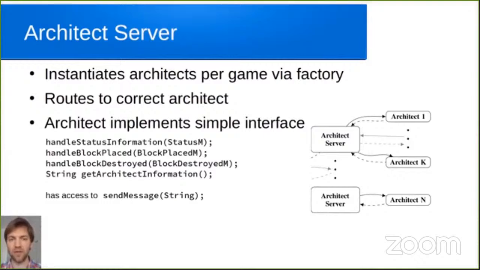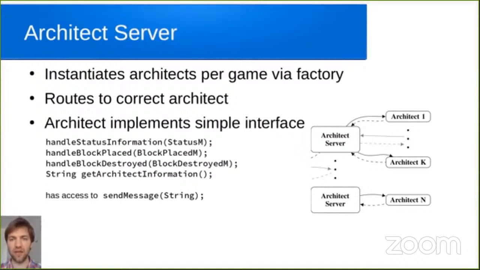The second one is called whenever a block was placed. The third one whenever a block was destroyed. And the last one simply returns the name of the architect so that we know what architect was used for an experiment.